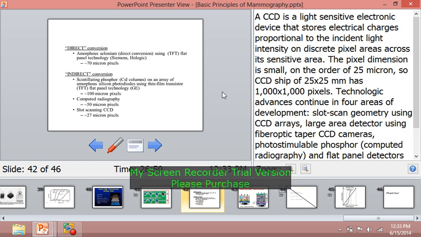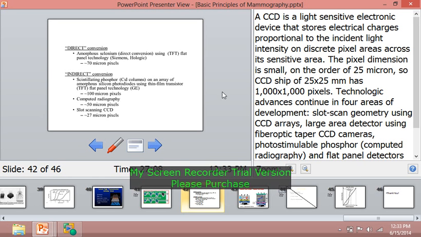So what is direct and indirect? Direct conversion means the X-ray information is directly converted into the electrical signal. We don't need the intermediate use of light photons in between.